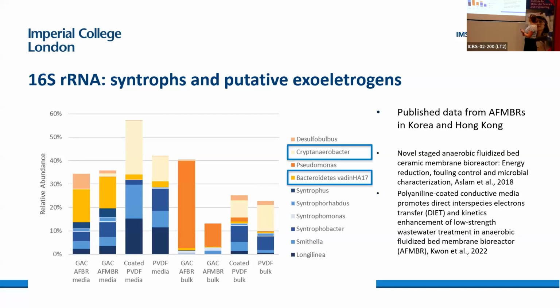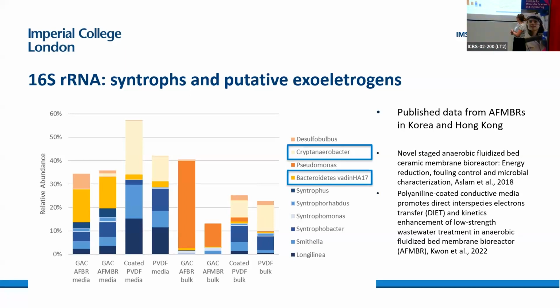I've got two here, Cryptonerbacter and Bacteroides, which are not confirmed exoelectrogens. However, given that they're very highly abundant on the GAC media here and the coated PVDF media here, we are running with the hypothesis that there may be some DIET activity going on here.